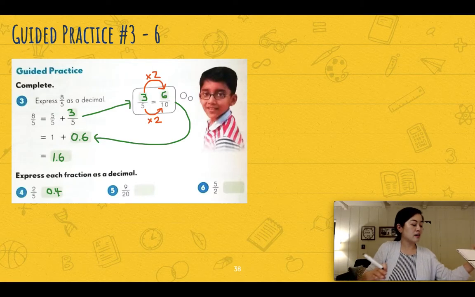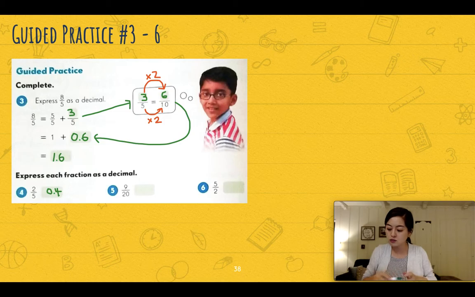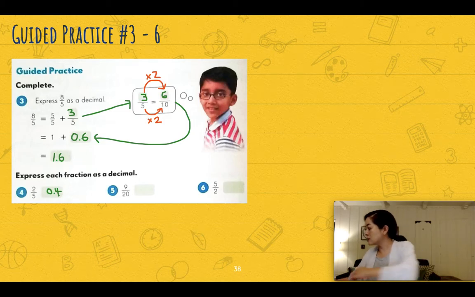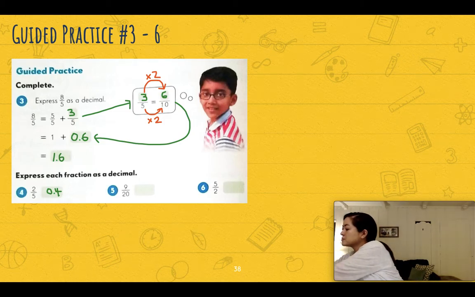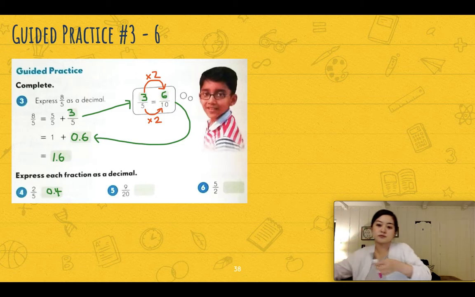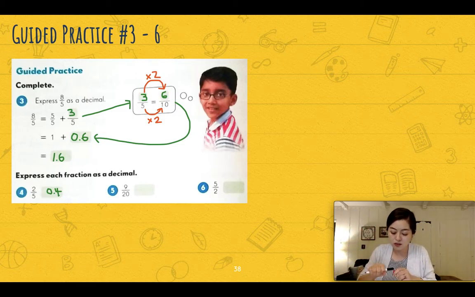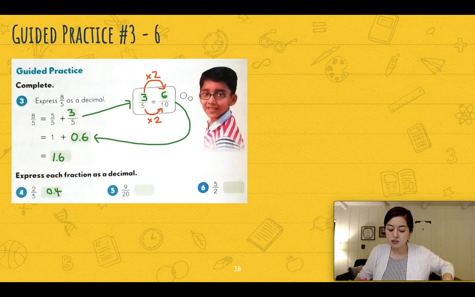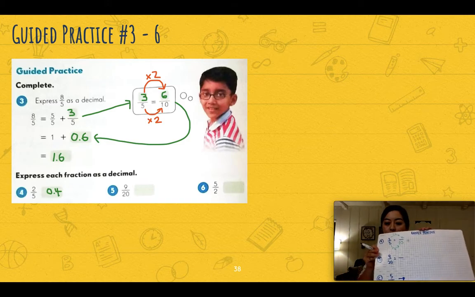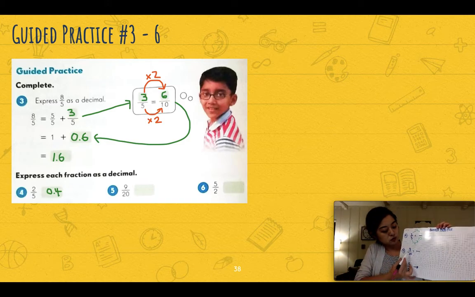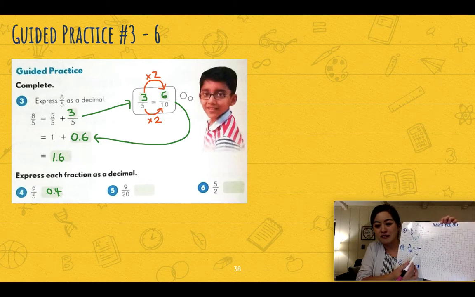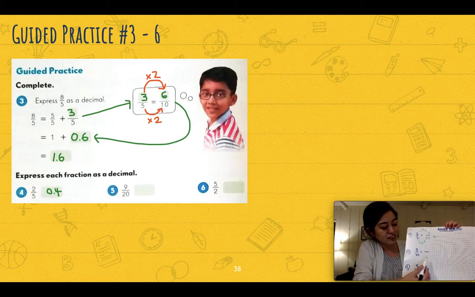Okay. Now, what about 9 twentieths? Okay, so my 9 twentieths is, well, should I have my denominator be a 10 or a 100? Well, 20 times something cannot get me a 10 as an equivalent fraction, okay?